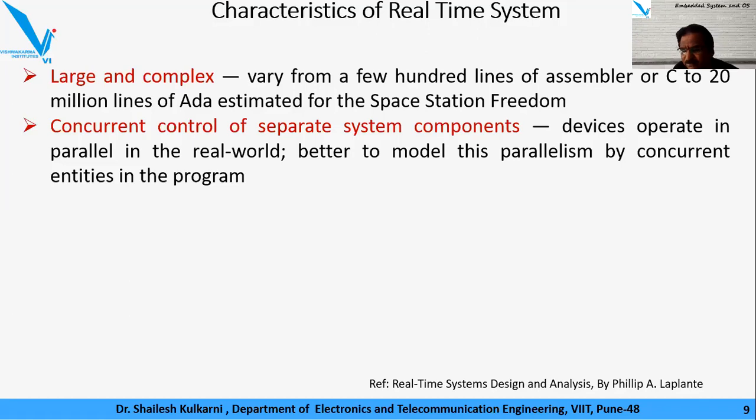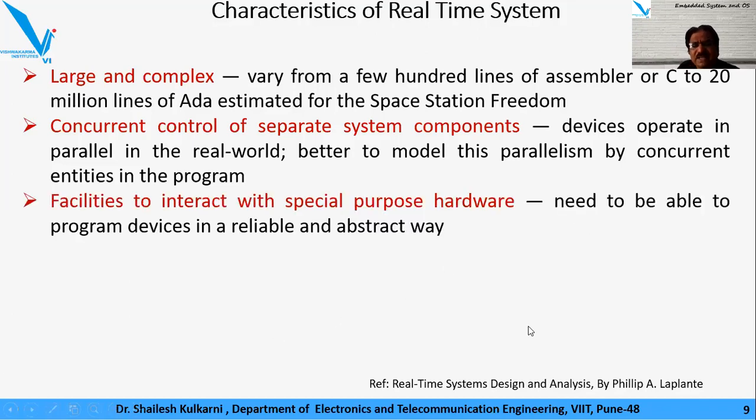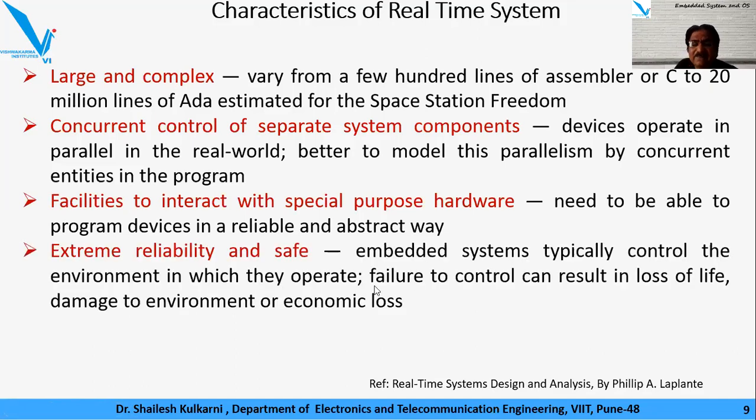So that is the concurrency we see in the applications. Then facilities to interact with special purpose hardware, obviously, have to be there as a characteristic of embedded and real-time systems. Extremely reliable and safe. Being embedded systems, in the control environment in which they operate, failure to control can result in loss of life, damage to the environment, or economic loss.